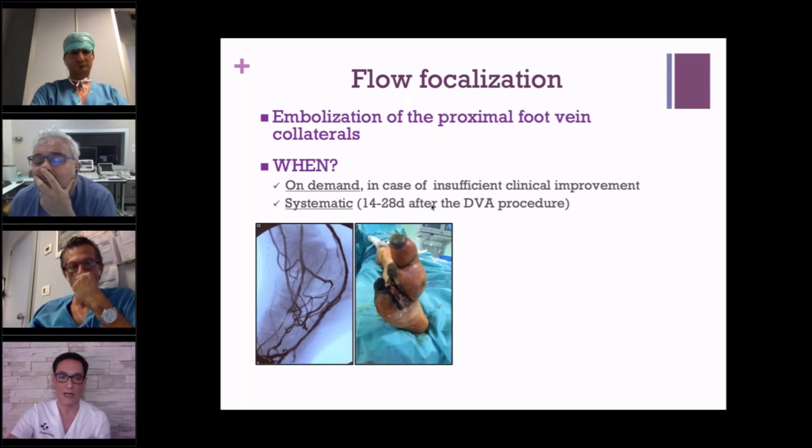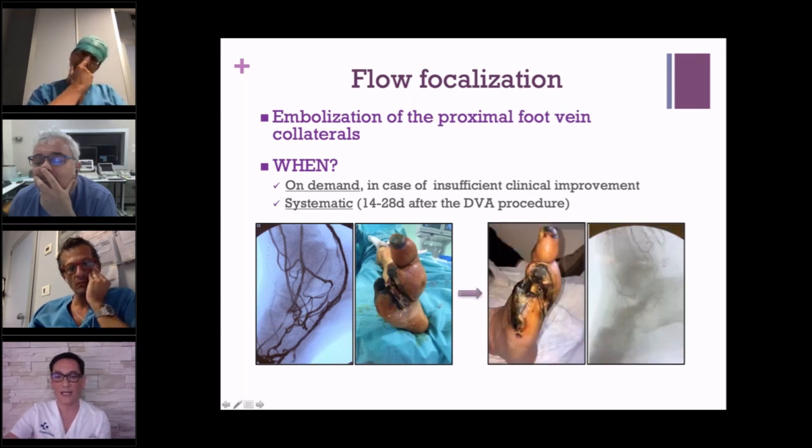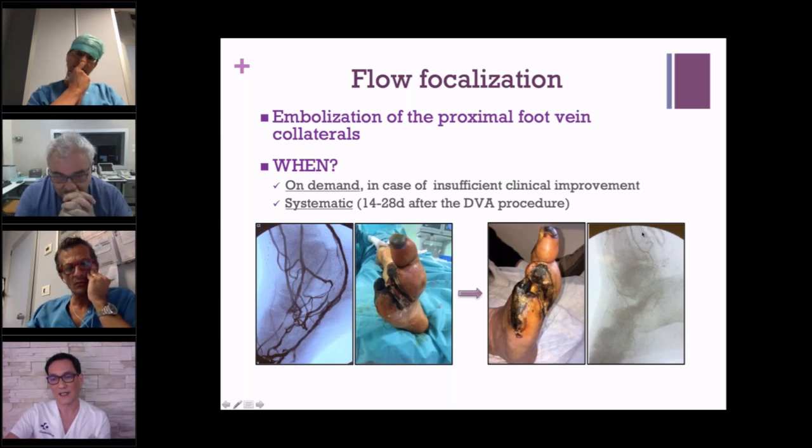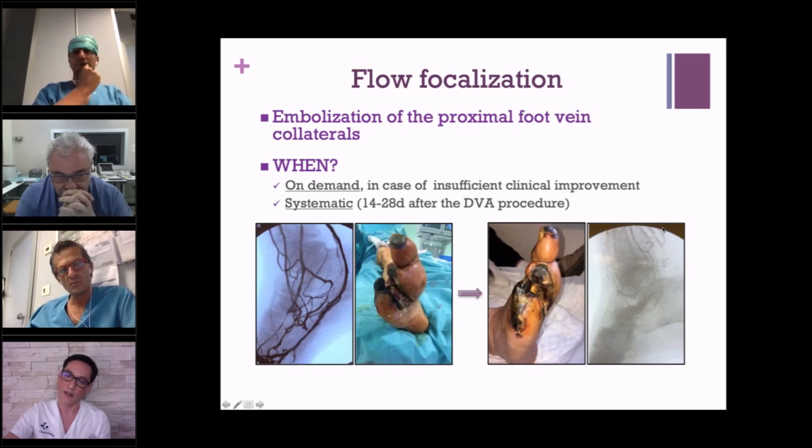So this is one of our cases with a DVA with initial nice granulation tissue, but 4 weeks later, the wound didn't look so well. Then we performed an angio, which pointed out that the arterial flow was occluded, and there was centripetal flow going to the heart.